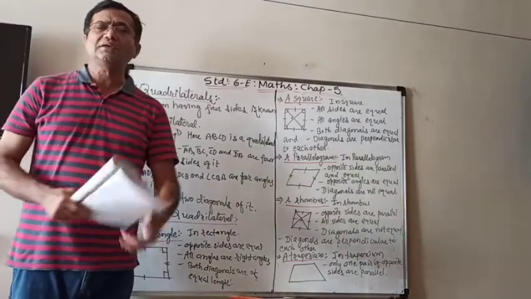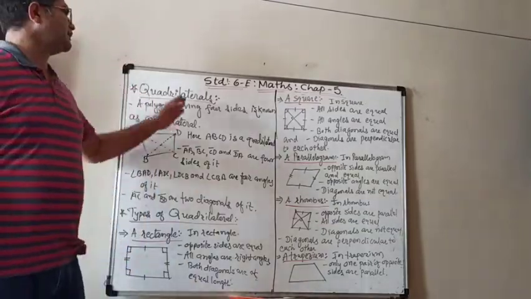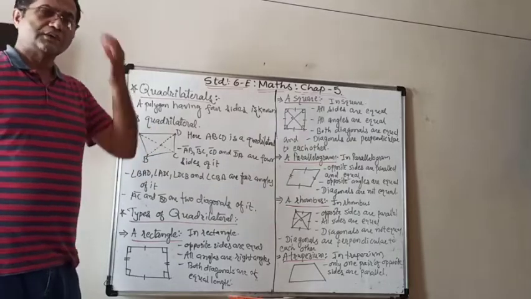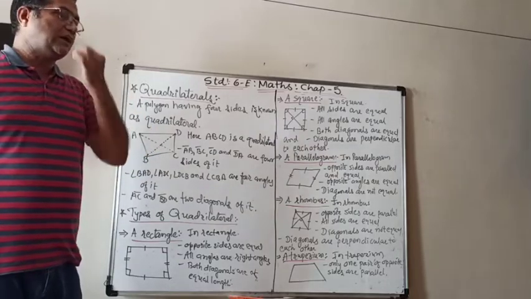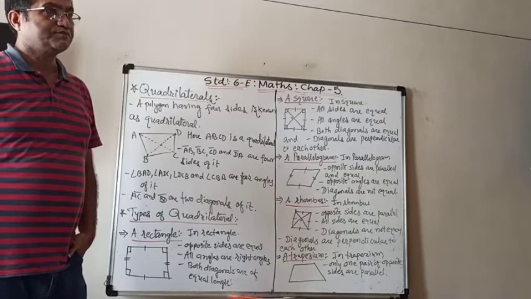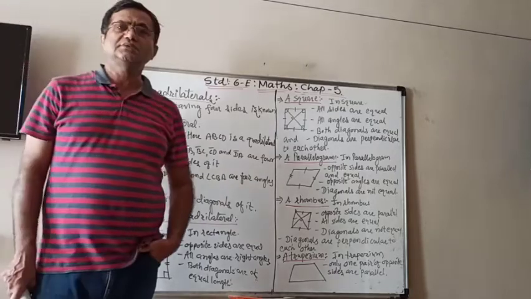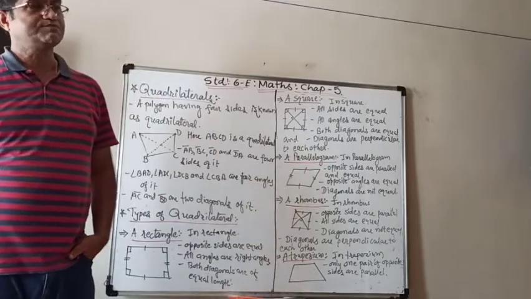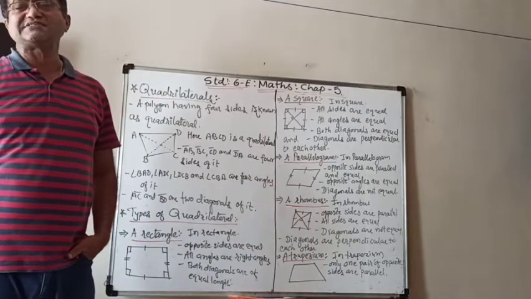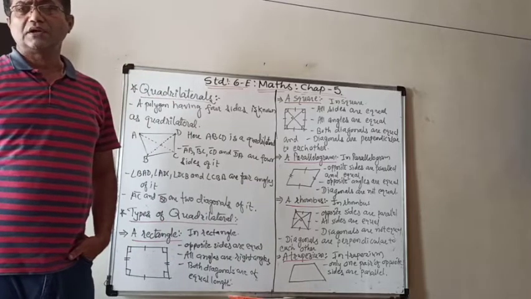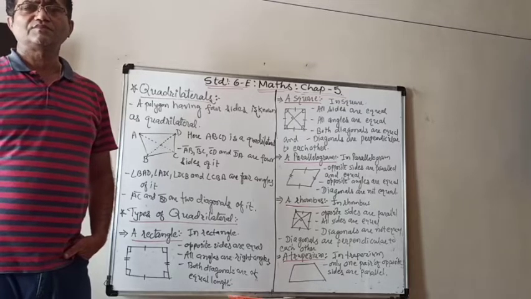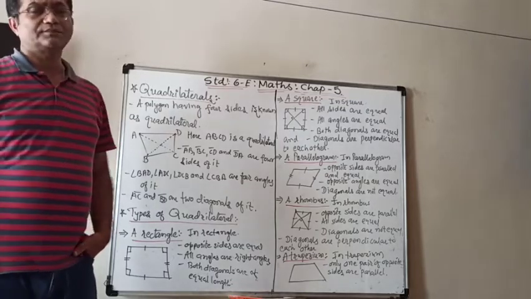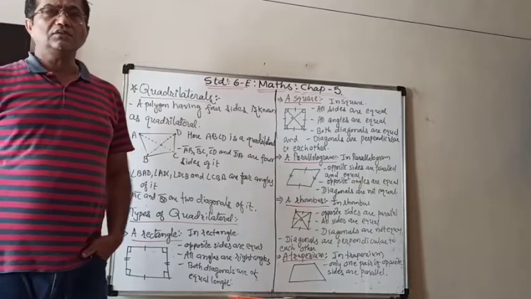Now we have to talk about the quadrilaterals. We already learned about the polygons. A polygon means a simple closed curve made up of only line segments.